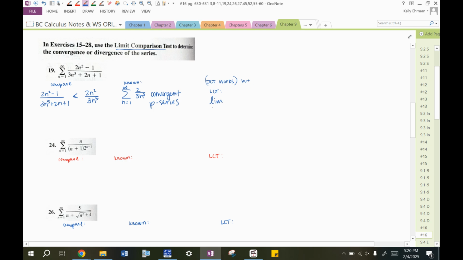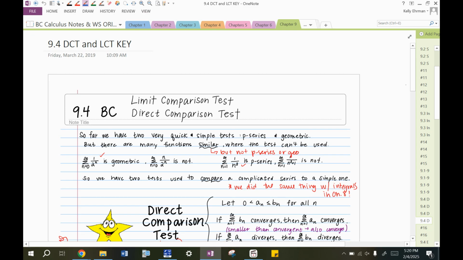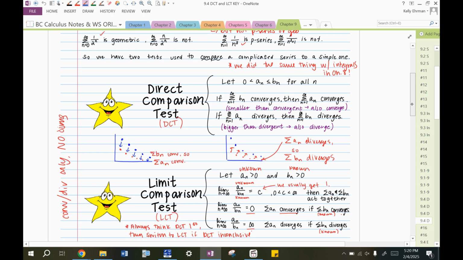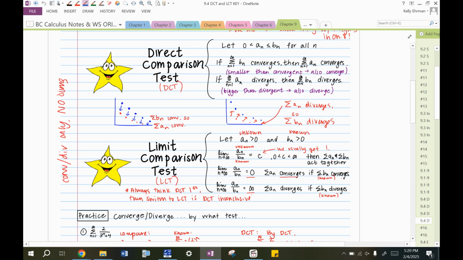I think for what it's worth, let's go back to our notes for a second. The limit comparison test is only inconclusive in 2 scenarios. So if we get 0, but the known doesn't converge, then that would be an issue. Or if we get infinity and the known doesn't diverge, then that would be an issue.